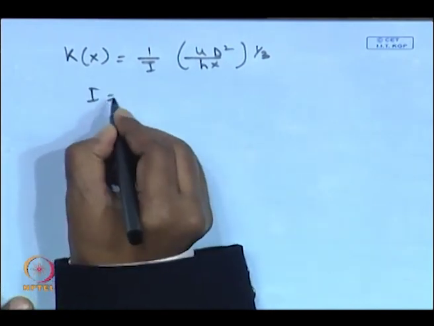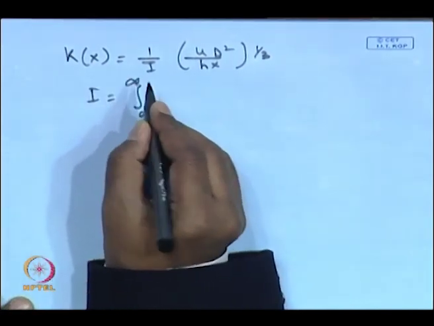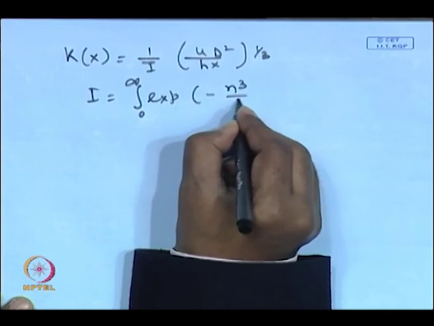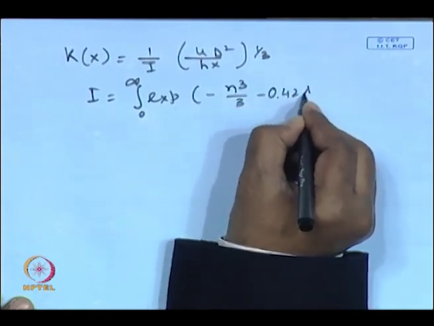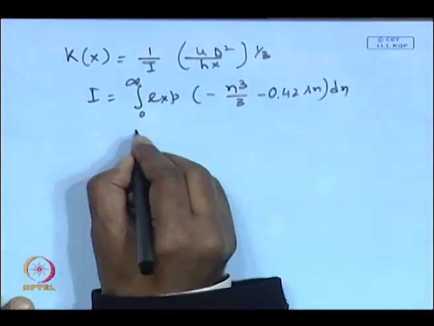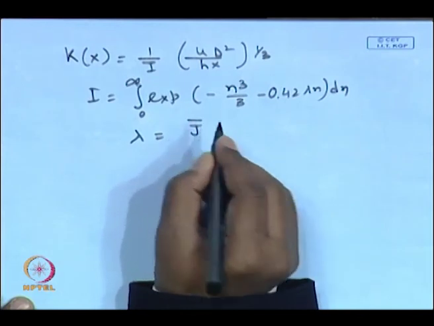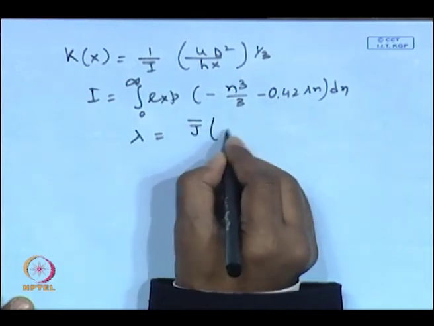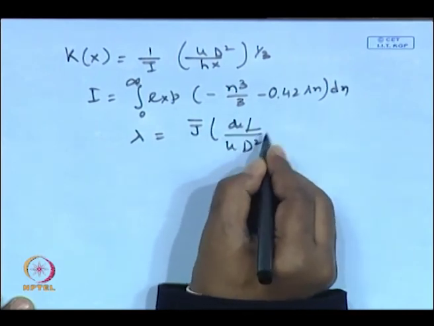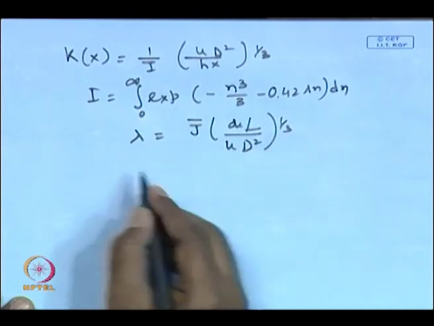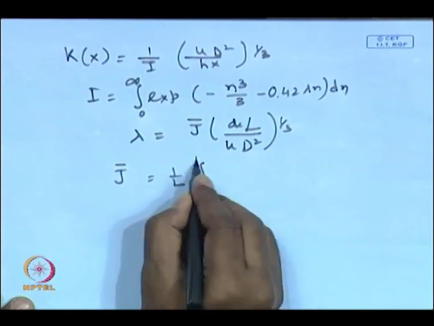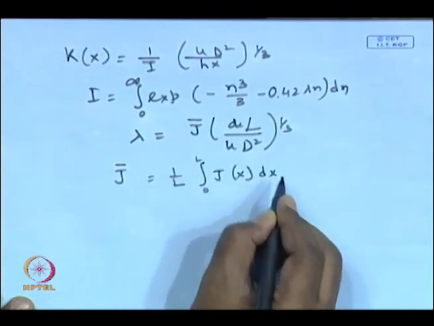And I can be expressed as the definite integral from 0 to infinity of exponential of minus eta cube by 3 minus 0.42 lambda eta times d eta, where the suction parameter lambda is nothing but J bar, that is the length average permeate flux, divided by (d times L multiplied by U d square) raised to the power 1 upon 3, where J bar is nothing but 1 over L integral 0 to L Jx dx. Okay.